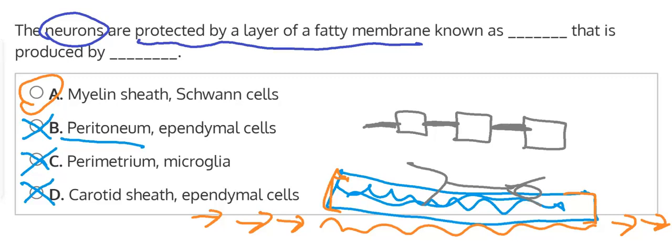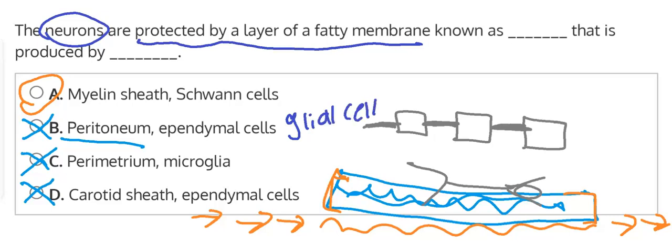And now that we've identified the correct answer, let's also go back to our eliminated choices and explain why the cells that are listed as what produces each part would be incorrect as well. So option B had the peritoneum, and it says ependymal cells, which actually, these are glial cells.